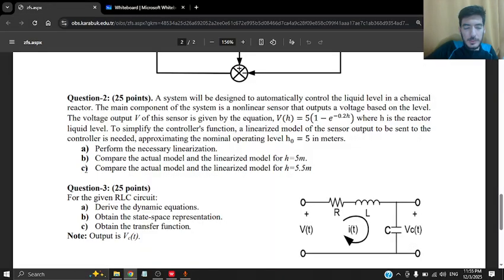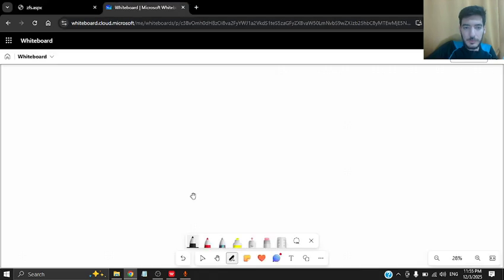For the C section, it's same to the B section, but here h is 5.5.